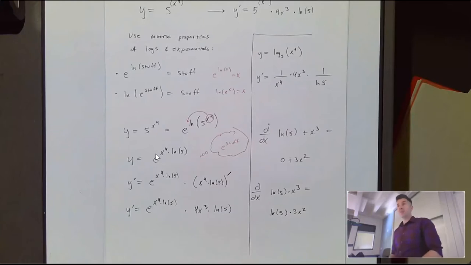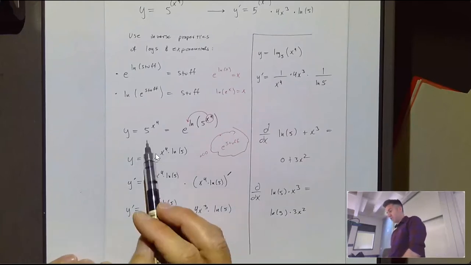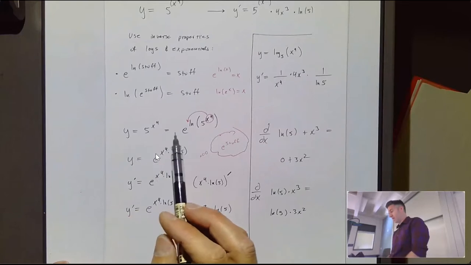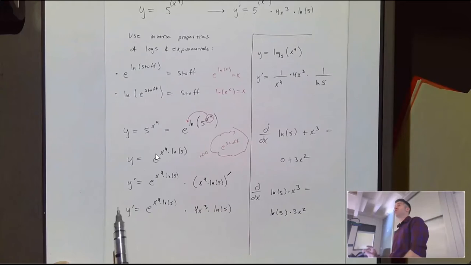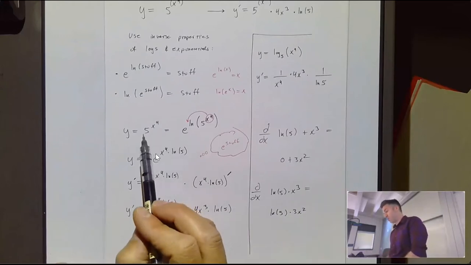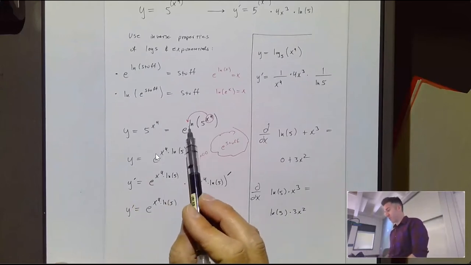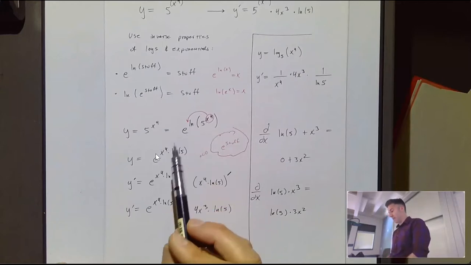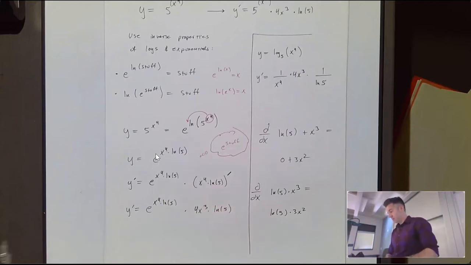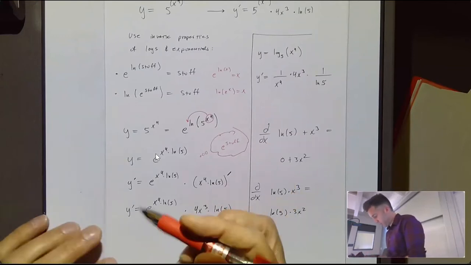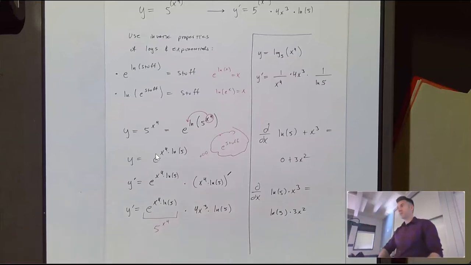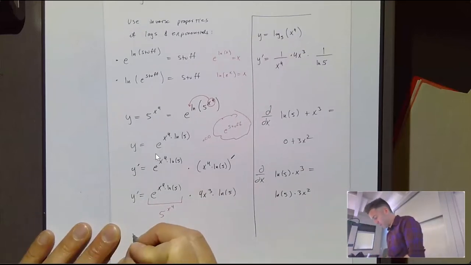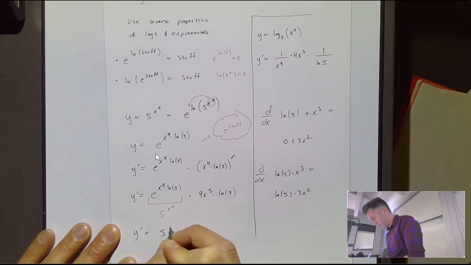But they are the same, because if you recall, we changed 5 to the x to the 4th into e to the natural log of 5 to the x to the 4th, which became e to the x to the 4th times natural log of 5. So this here really is 5 to the x to the 4th. So this is another way of doing it. I will tell you, I am not in love with it, but some people really prefer to do it this way.